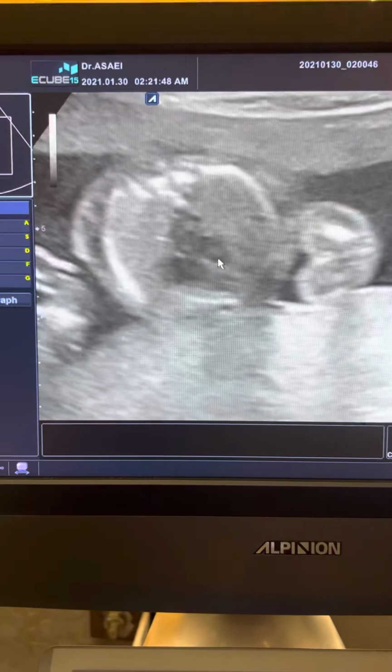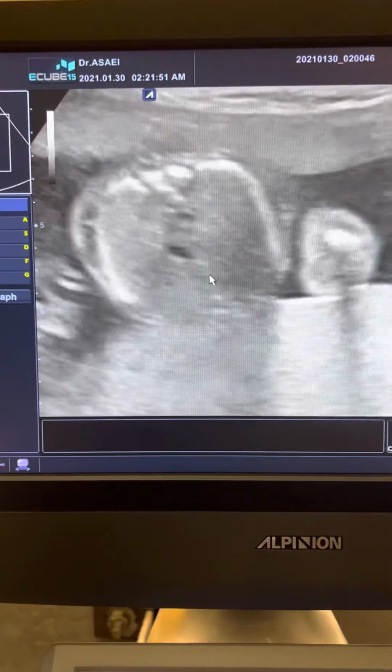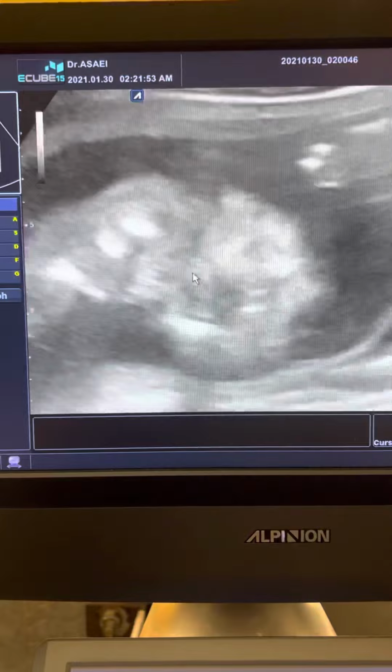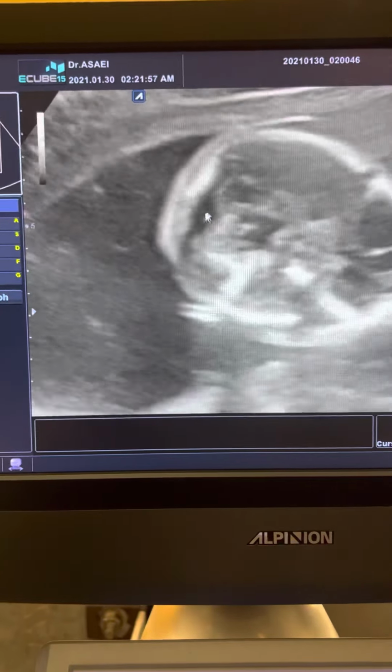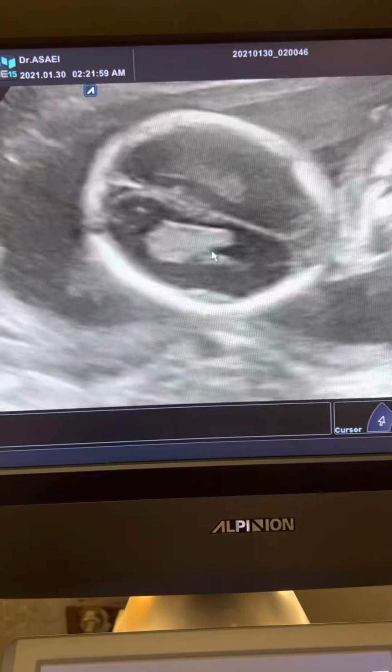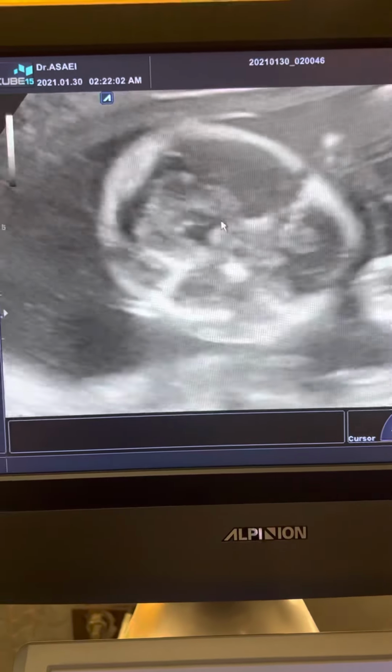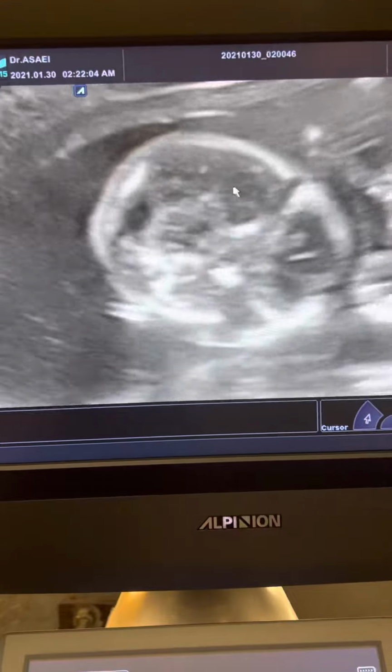Again, 2 ventricles, and we have the brain, the cerebellum, corpus callosum, lateral ventricles, no ventriculomegaly.